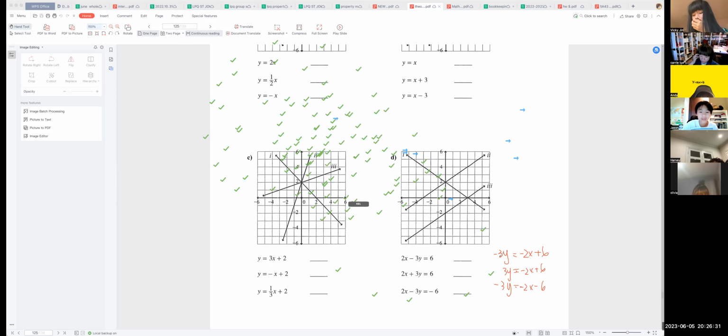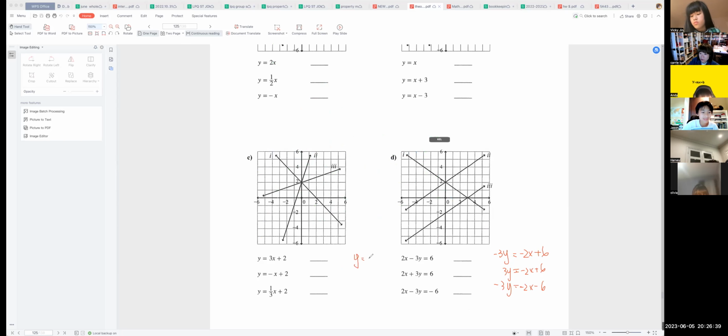Correct, everybody? So that's the first step. Next, we have to transform them: y equals 2 over 3x minus 2 is the first one. Second one, y equals negative 2 over 3x plus 2. And the last one is y equals 2 over 3x plus 2.